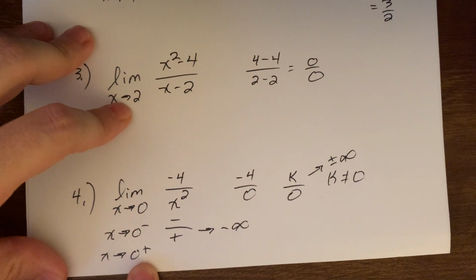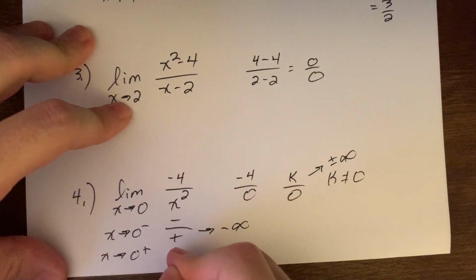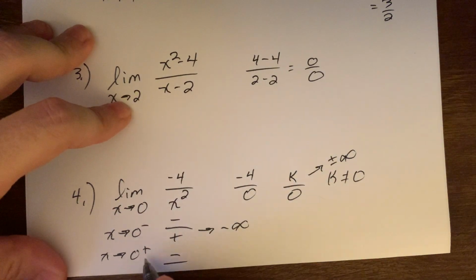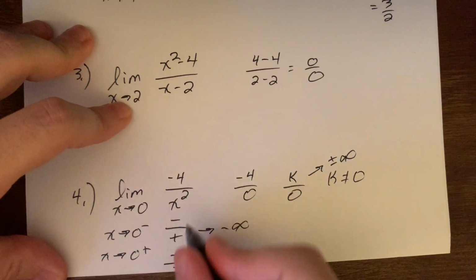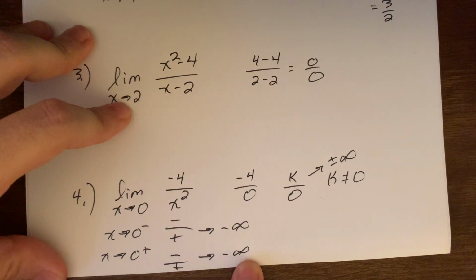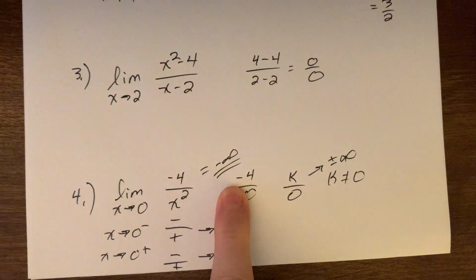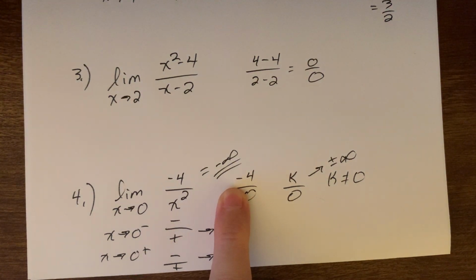If I go 0 from the right, now I'm thinking about positive 0.1, but I still get a negative in the numerator, and positive 0.1 squared is still a positive. So I'm getting the same situation, a negative over a positive. So once again, I'm getting negative infinity. And that's why this answer is negative infinity.